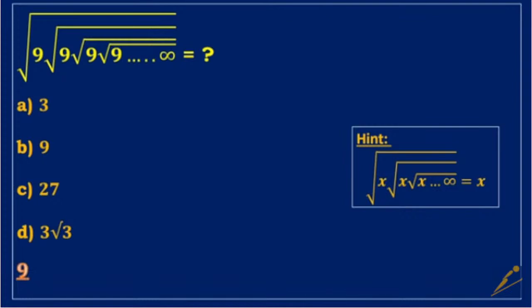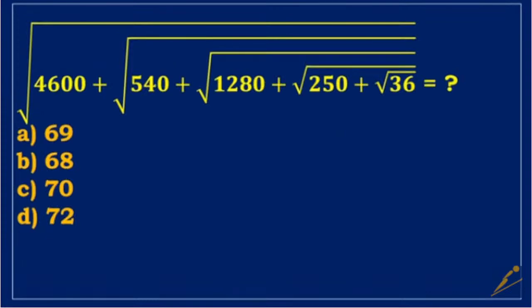Let us consider another example in the nested radical function. How to simplify the square root of 4600 plus under the square root of 540 plus under the square root of 1280 plus under the square root of 250 plus under the square root of 36.